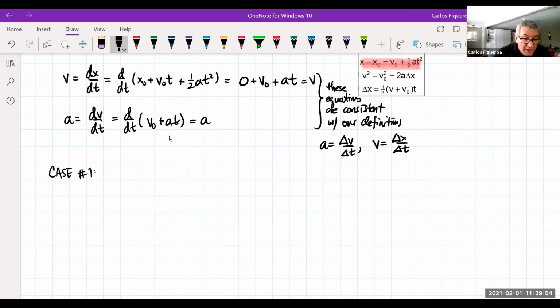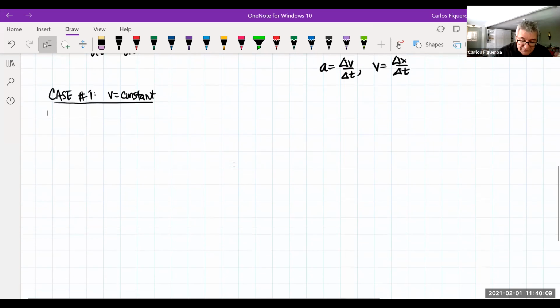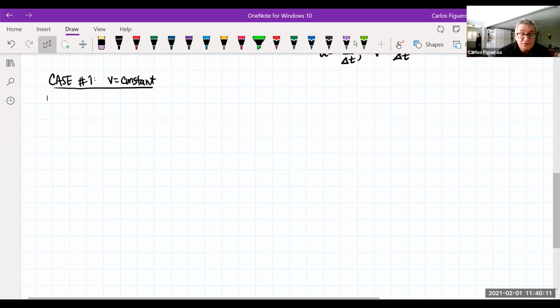In case 1, I want to talk about V equal to a constant, velocity equal to a constant. We've done this somewhat already, so let's move through it somewhat quickly so we can spend most of our time on acceleration.